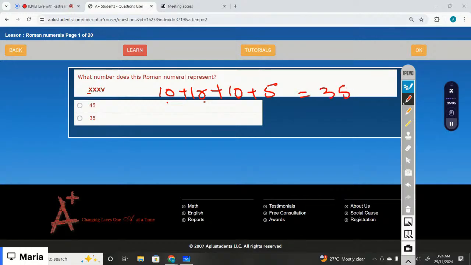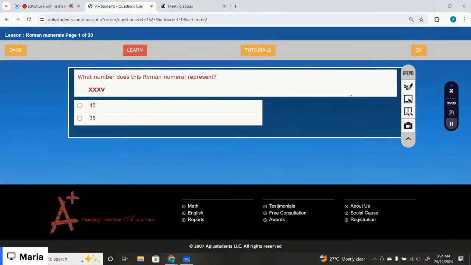So that means this XXXV represents 35, right? The correct option is 35. Option number 2 is the correct option.